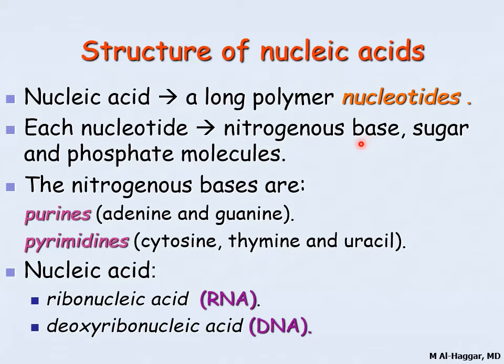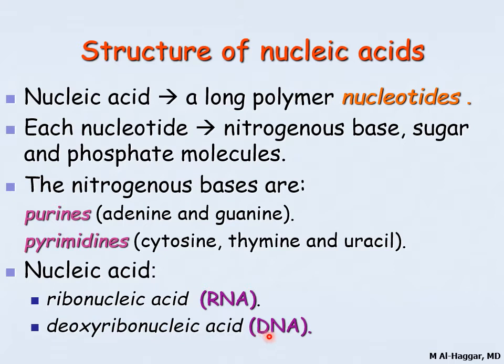And this nitrogenous base, as you know, is either a purine, which may be adenine or guanine, or a pyrimidine, which includes cytosine and thymine. However, uracil is present in the RNA. RNA means ribonucleic acid, which is present as messenger RNA, ribosomal RNA, and transfer RNA. However, the DNA, which forms the structure of the gene, is composed of deoxyribose.